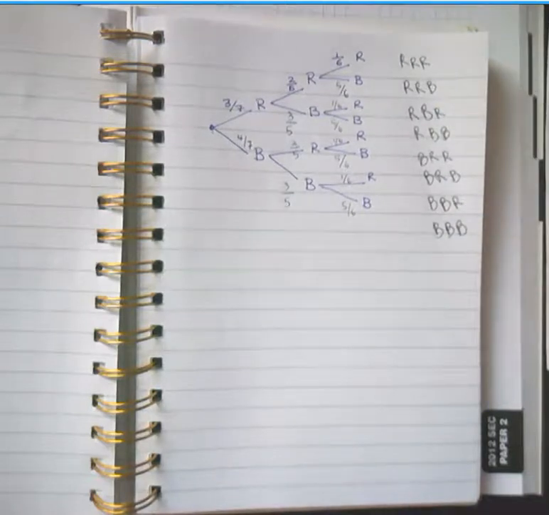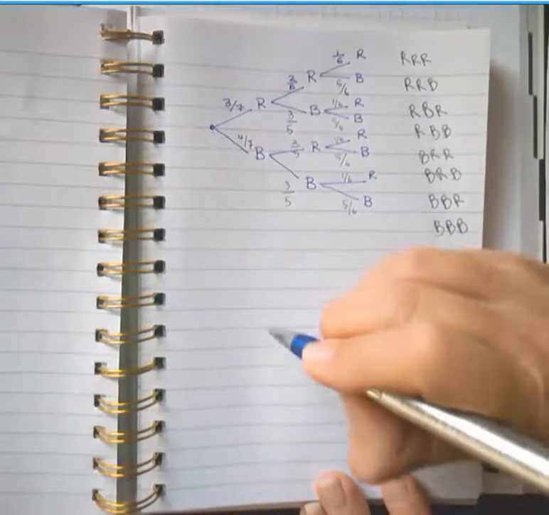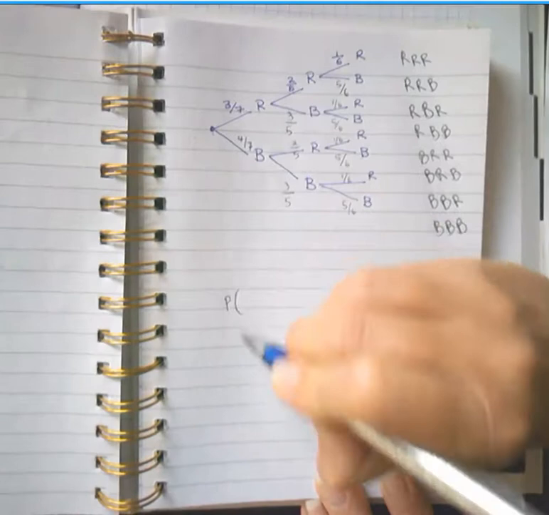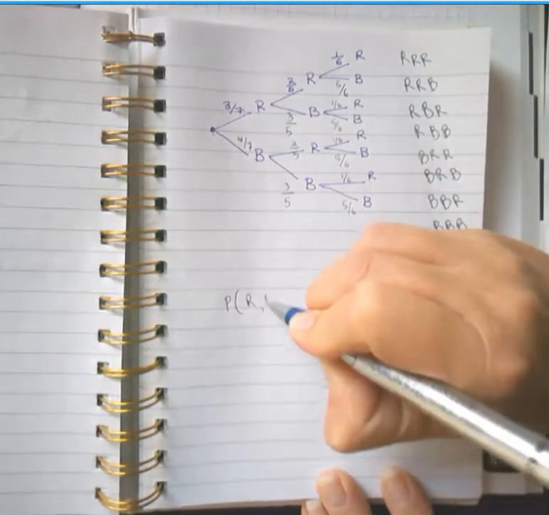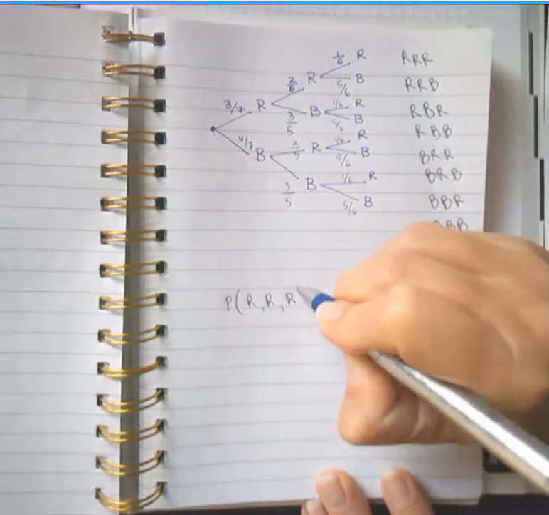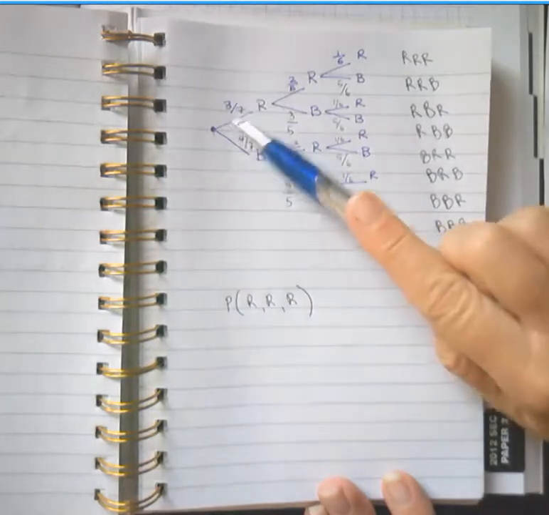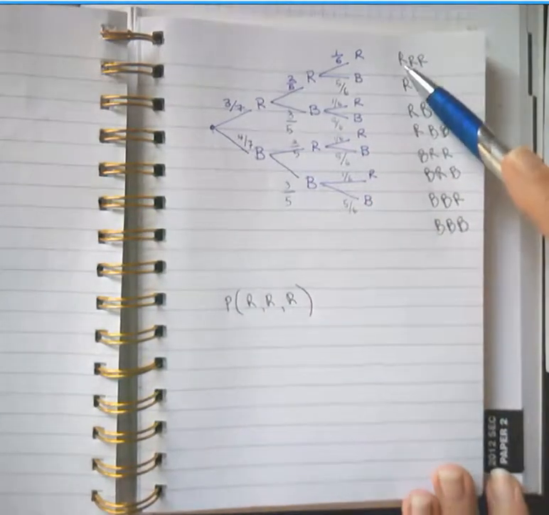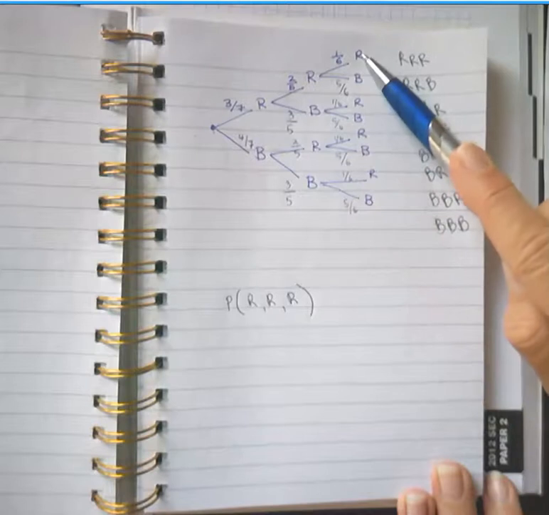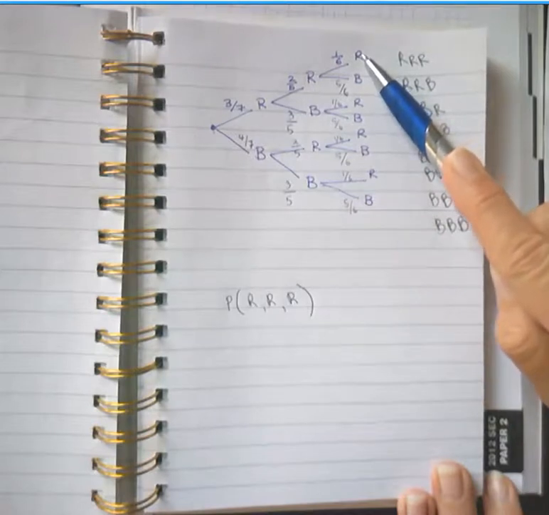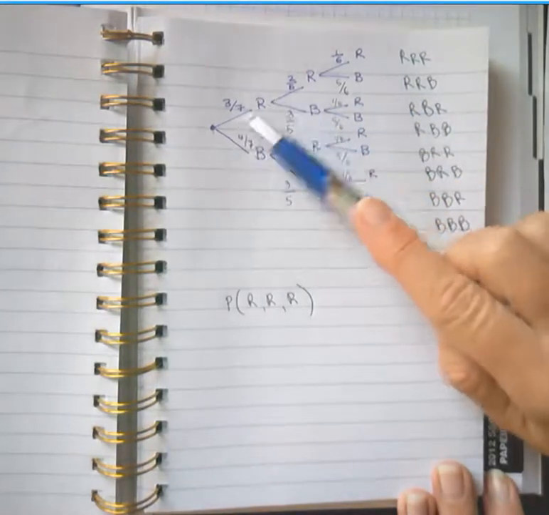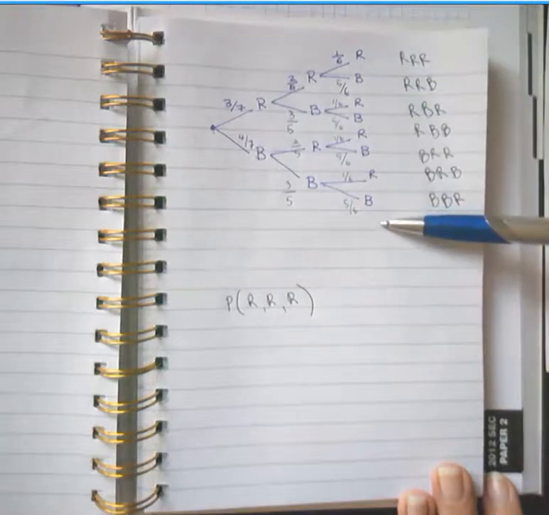If I wanted to find the probability of getting a particular thing, say a red, followed by a red, followed by a red, looking at my tree, the only route giving red, red, red is this one. But the probabilities change every time, so I cannot just write down 1 over 8.